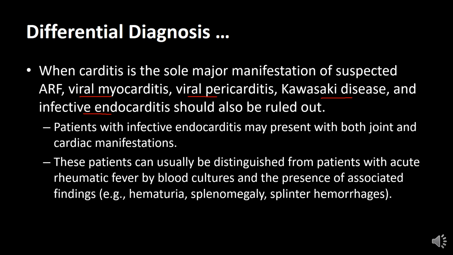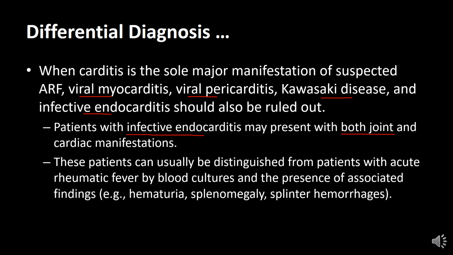So in this case, we are saying when carditis is the only manifestation of rheumatic fever, which we have already seen could be the case, then the other causes of carditis or pancarditis should be ruled out. Patients with infective endocarditis can also have joint pains.